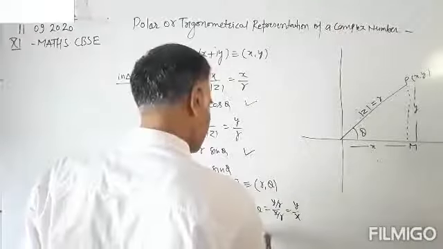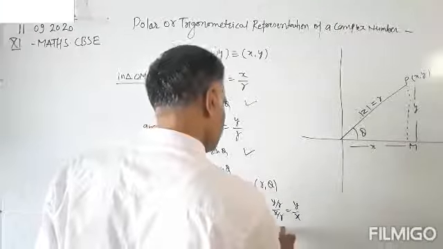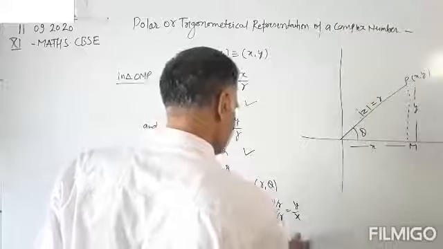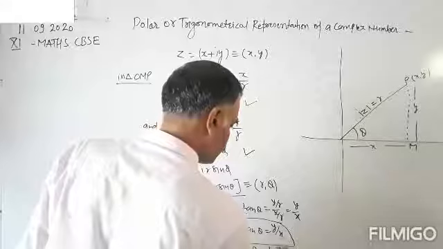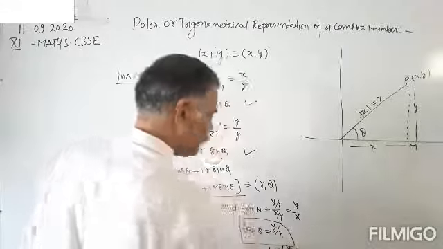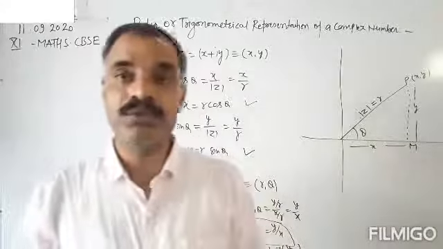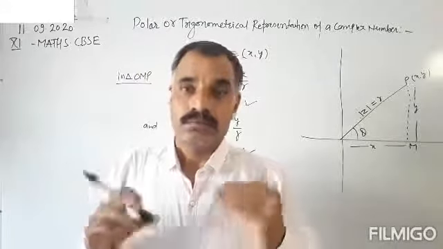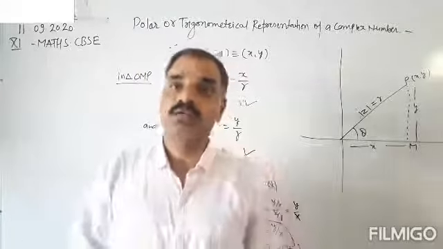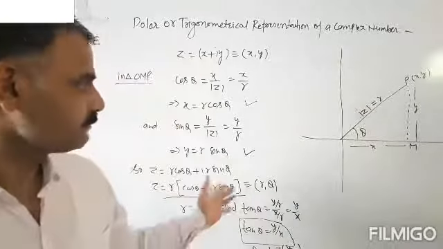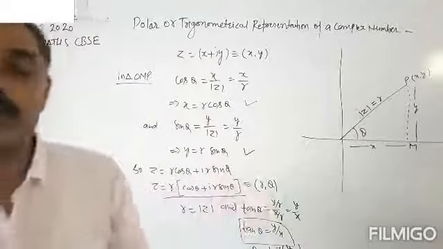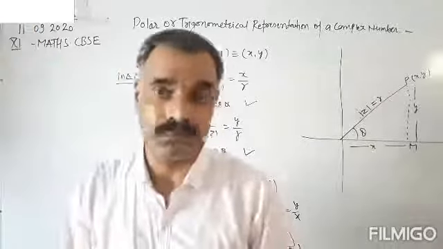So tan theta is equal to y upon x, and this theta is the amplitude or the argument of the complex number. So we can find the polar or the trigonometrical representation of the complex number.